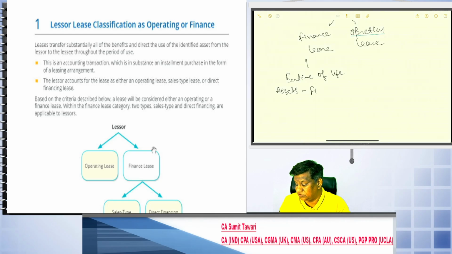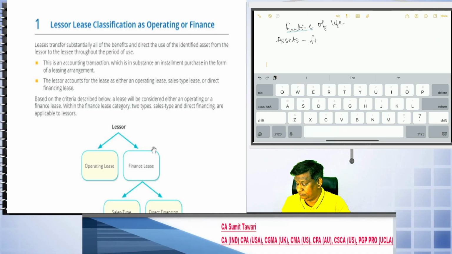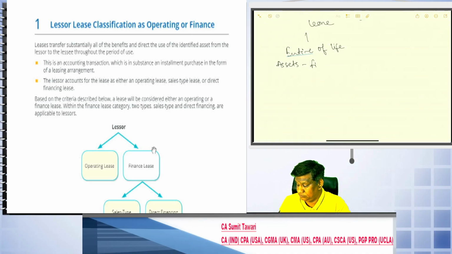The asset is purchased by the person who gave it on rent exclusively for you, so it is as good as your asset. And whatever amount he paid for acquiring the asset, we need to consider as financing from his side. Just a minute. Okay.